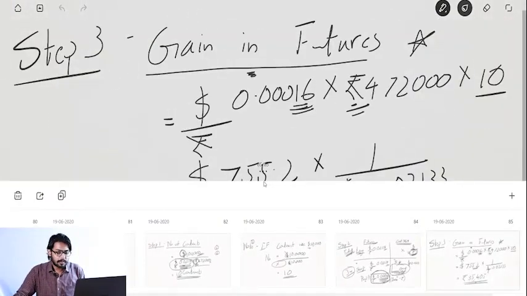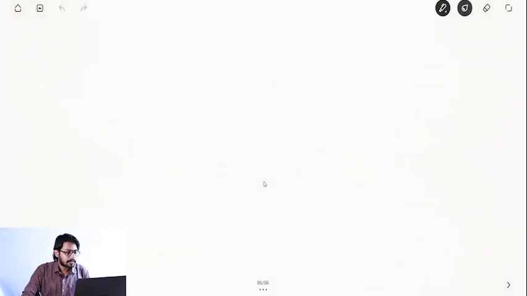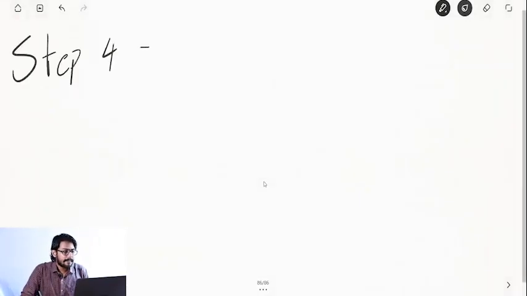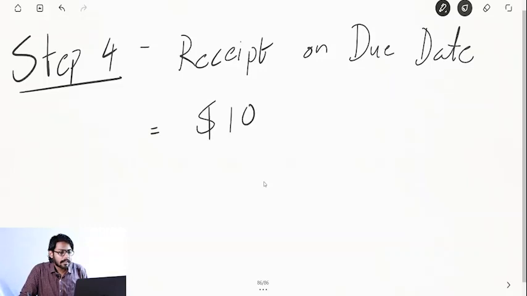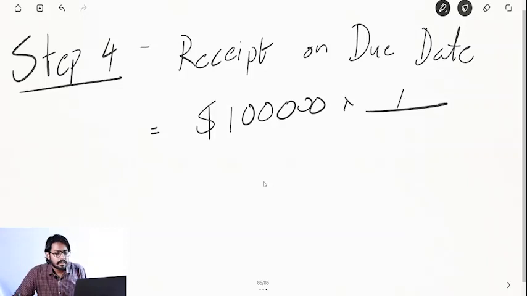Step 4: receipt on due date. In the cash market, you will get dollars 1 lakh into 1 by 0.02133. That's simple.